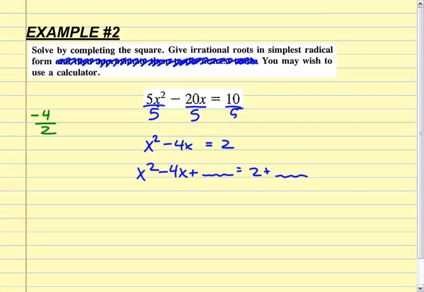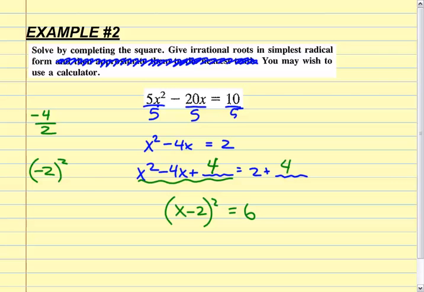I divide it by 2, and that gives me negative 2. And then I square it, and that gives me positive 4. But remember, I added 4 to this side, so I have to add 4 over here. Okay? Now, this is a perfect square. It is x minus 2 squared, and that equals 6.